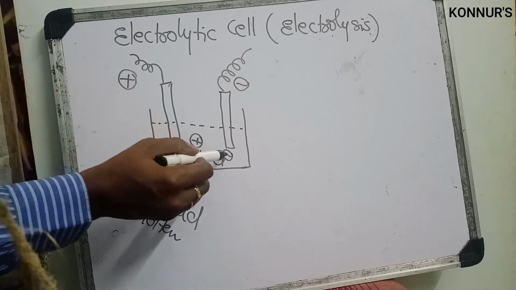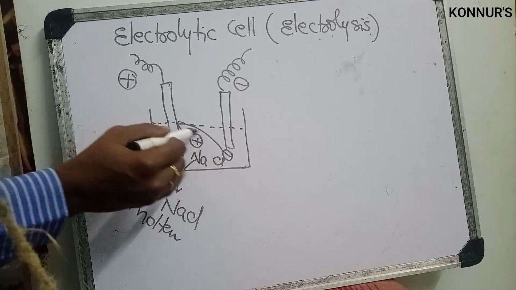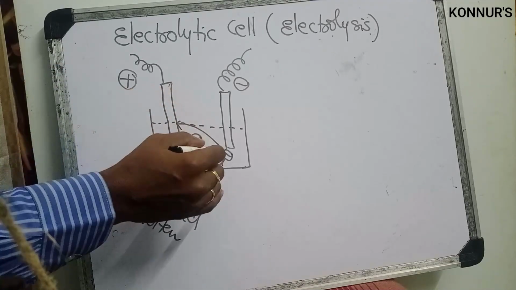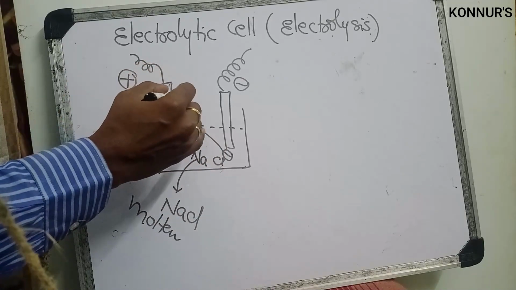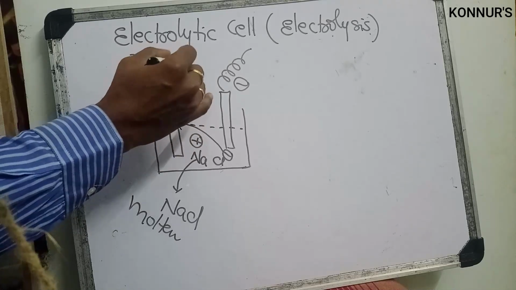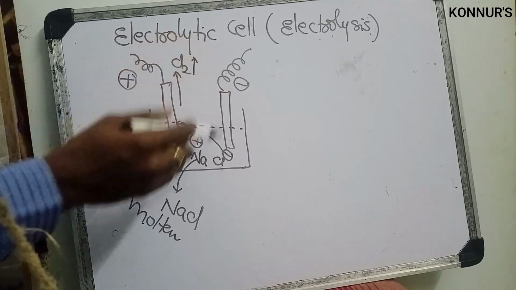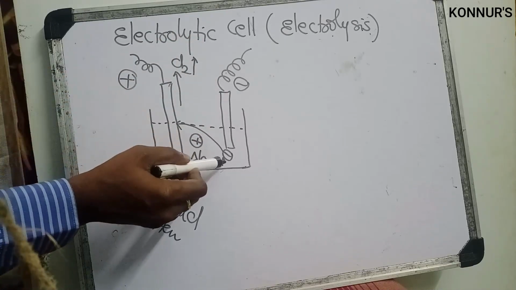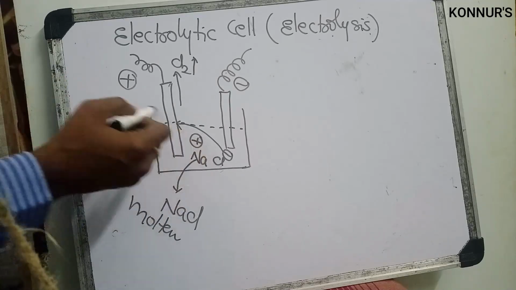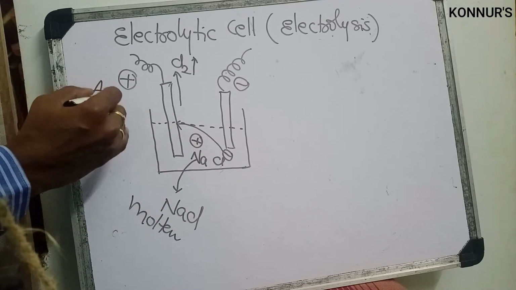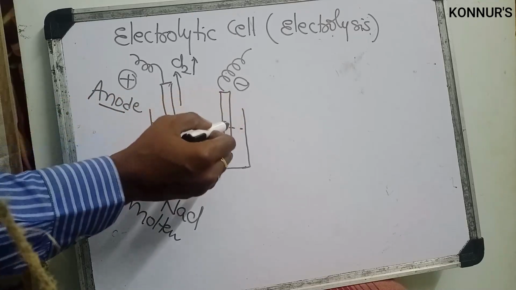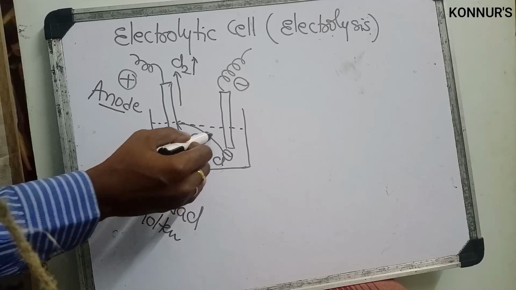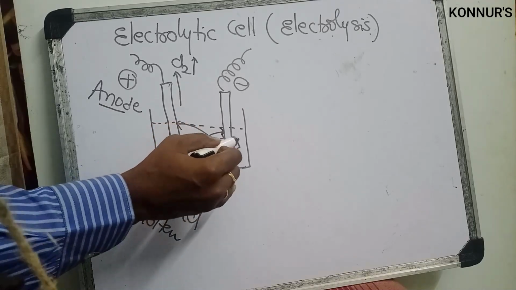See, the positive charge attracts the negative. So the Cl minus anion comes towards this side and comes out as chlorine gas. This positive charge attracts the negative ion, the anion, so this is called the anode. Next, the negative charge electrode attracts the Na plus ion and it is deposited.